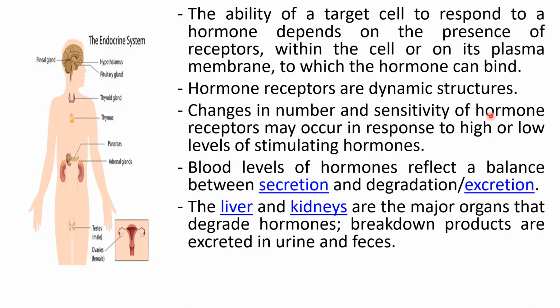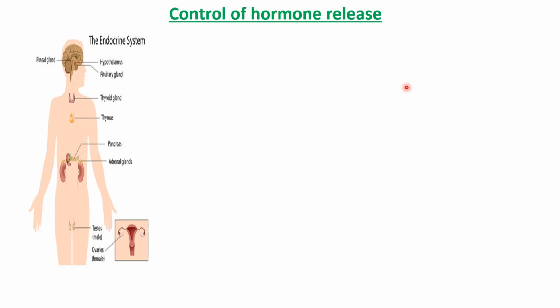So whatever the excess hormones, or after the use of the hormones after their stimulating function, these hormones break down, and they are excreted through the urine or the feces.